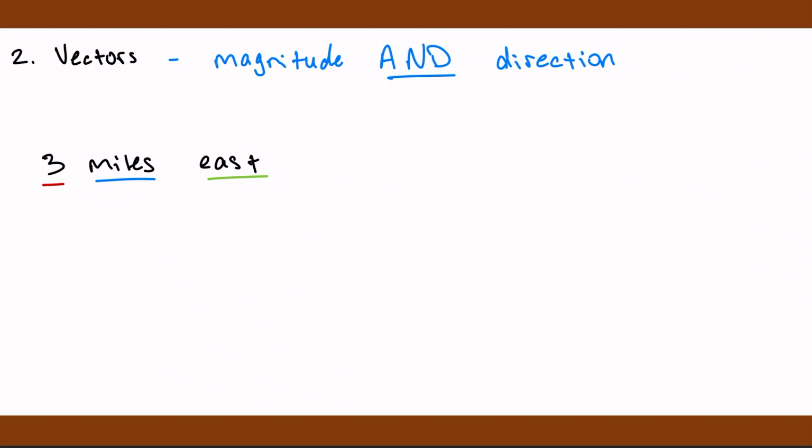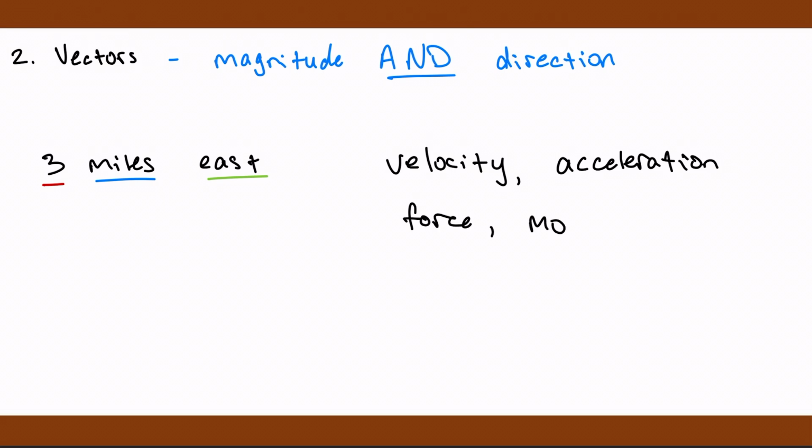And you really want to make these different in your mind. So velocity is not speed, but of course we're going to get into that in a few more videos when we talk about kinematics. But velocity, acceleration, force, momentum. You're going to learn about all these things in this class. And these are all vectors, which means we need to treat them special.